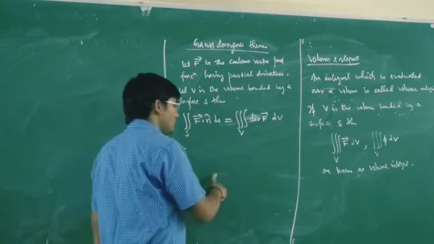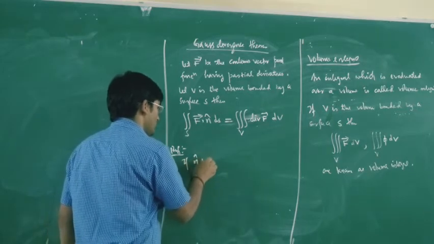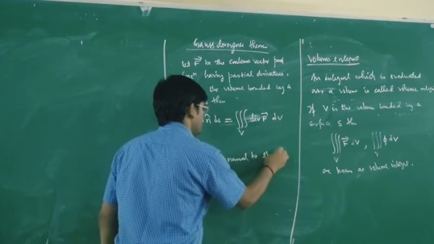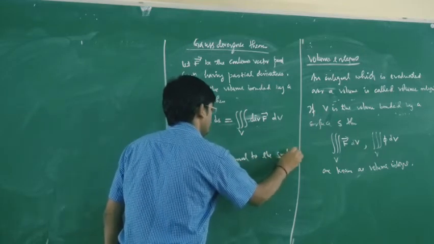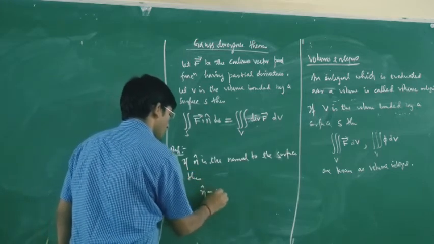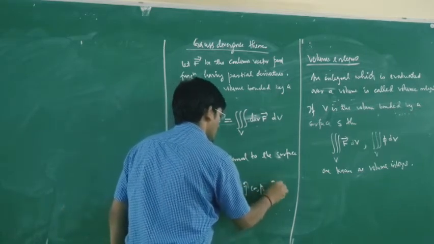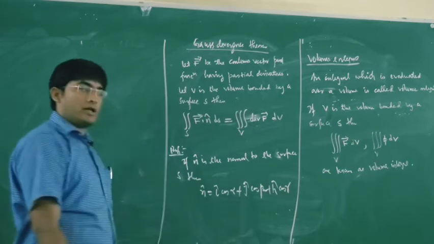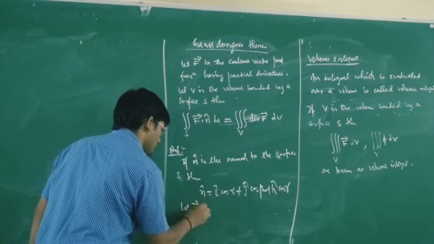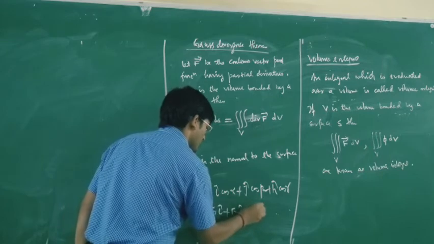So if n cap is the normal to the surface S, then we can write n cap as i cos alpha, j cos beta, and k cos gamma, where cos alpha, cos beta, cos gamma are the direction cosines. And let your f be equal to f1 i plus f2 j plus f3 k.